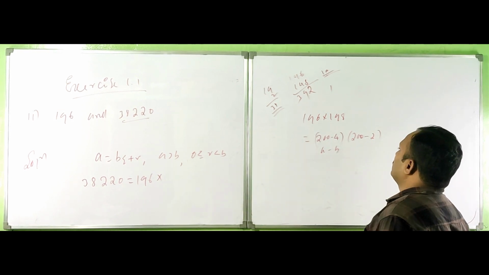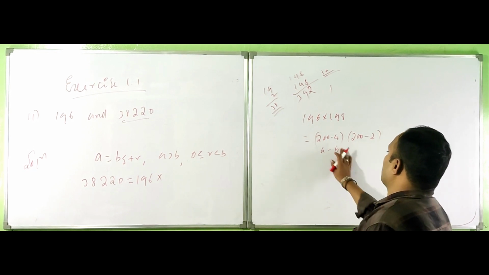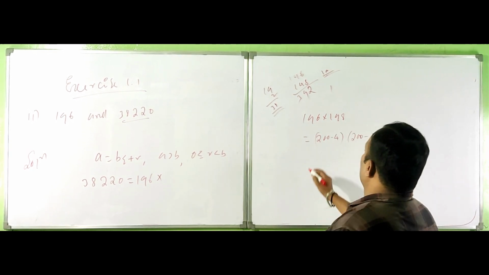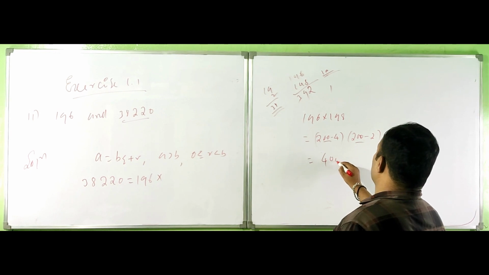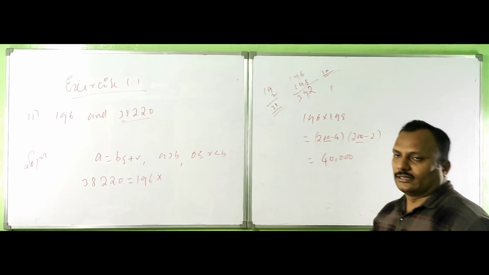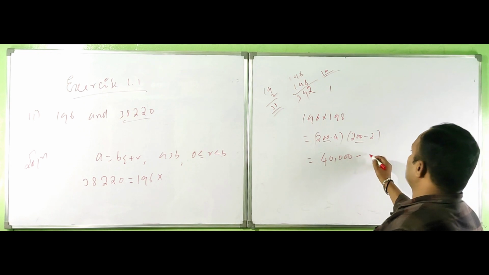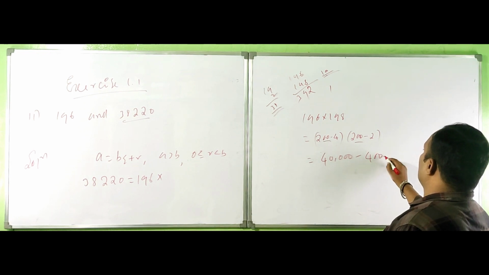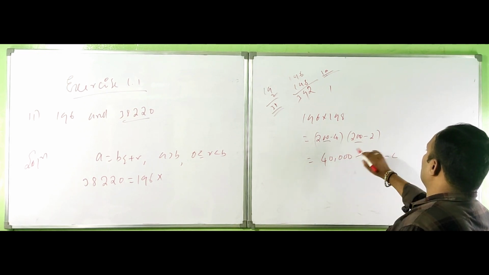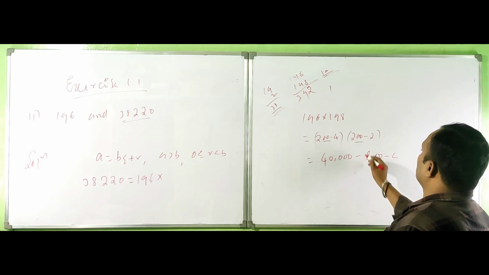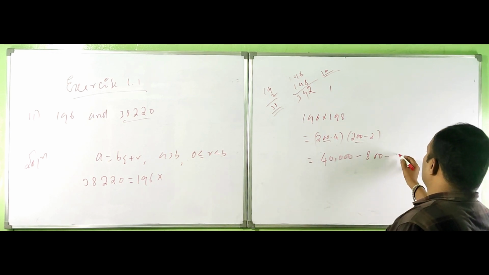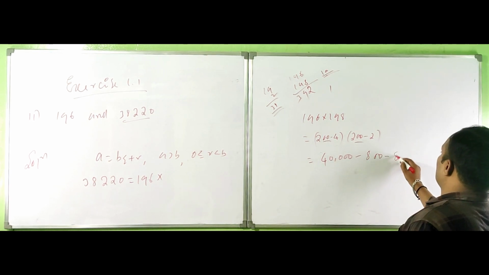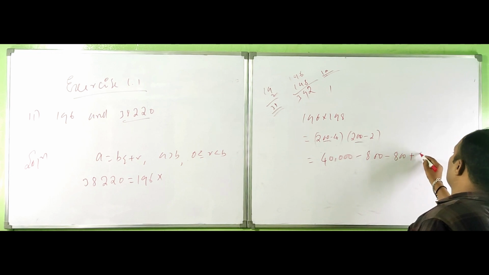Take again 40,000 minus 400 minus 800, plus 8.